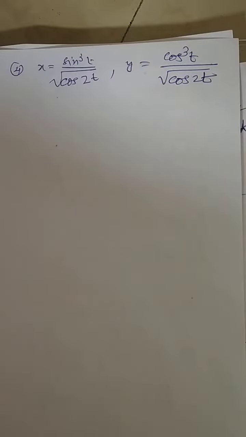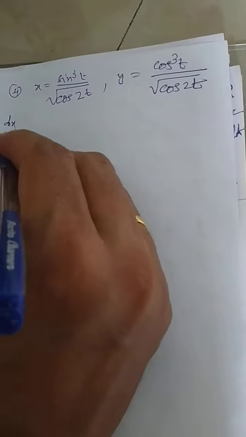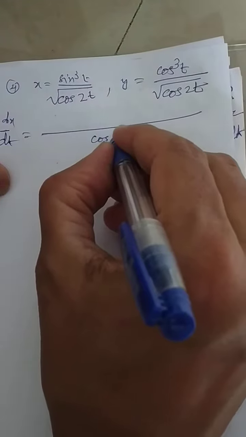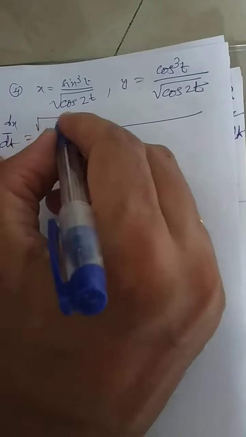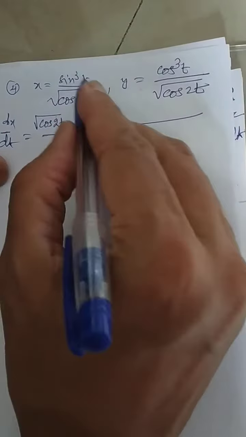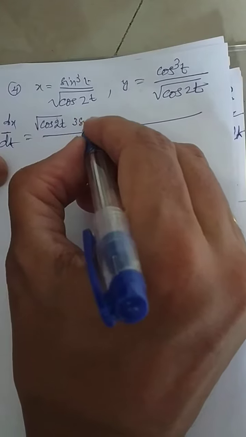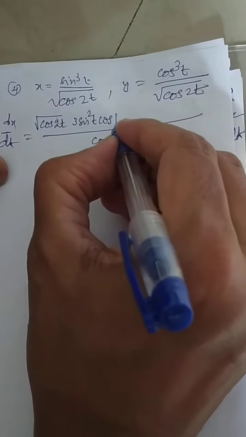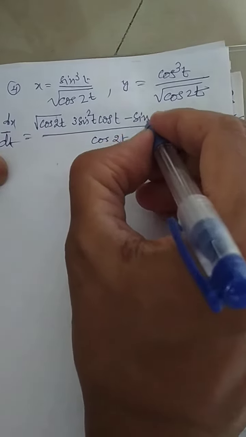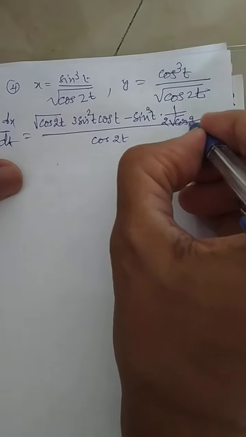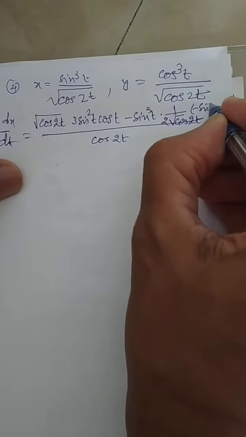Now dx by dt, apply the u by v rule. First is v square, that means cos of 2t. Now v as it is, cos of 2t into differentiation of this, 3 sin square t cos t, minus sin cube t as it is, root, 1 by 2 root cos of 2t over here, minus sin 2t into 2.